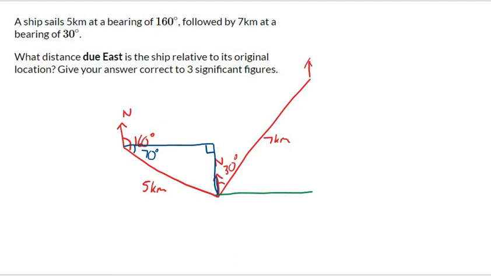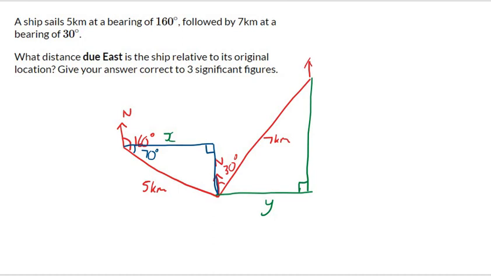So let's look at this right-angled triangle for our second bit of journey. The total distance east is going to be this blue bit along the top plus this green bit on the bottom. So I'm going to call this part X and this part Y.